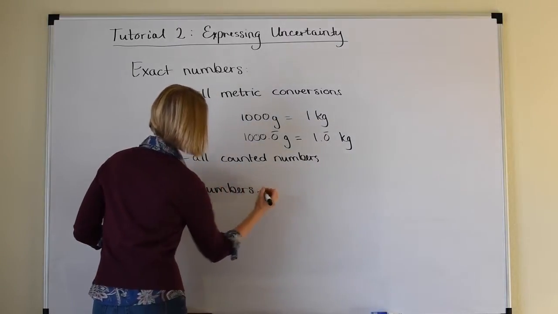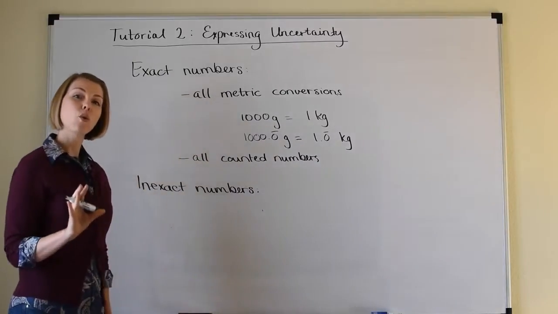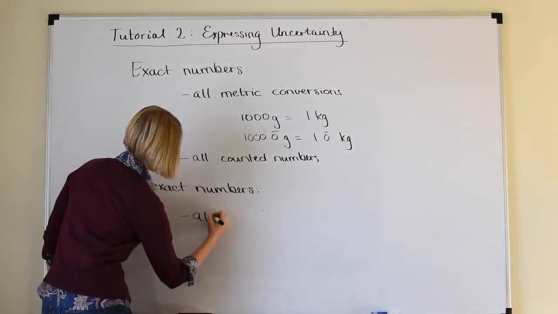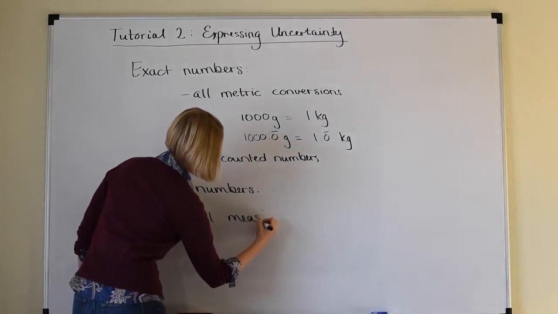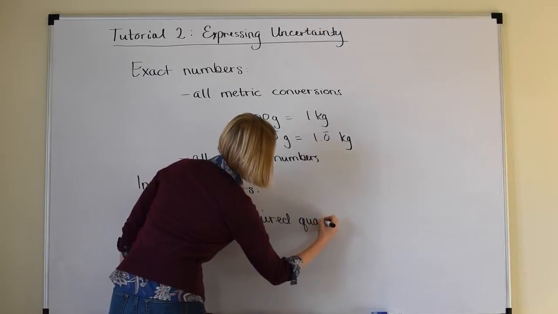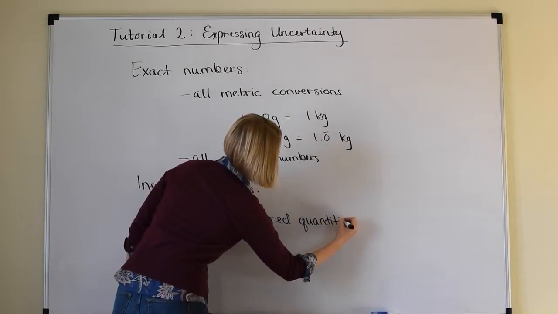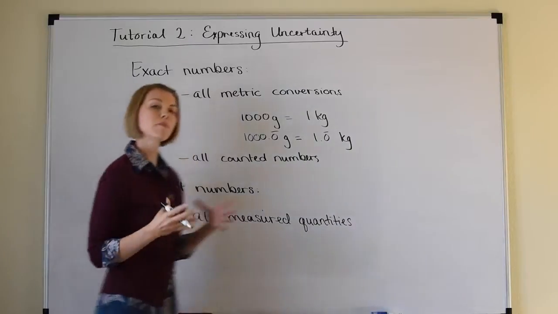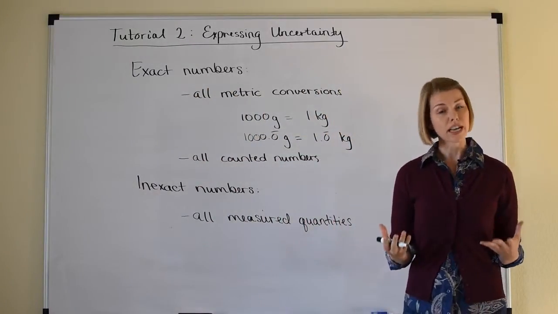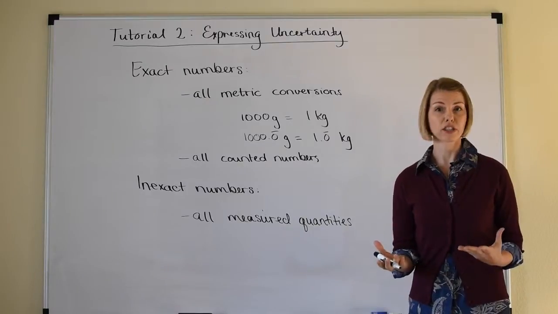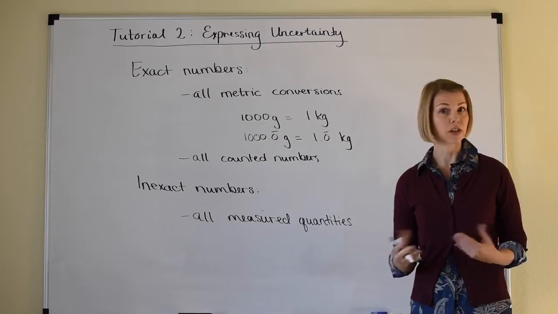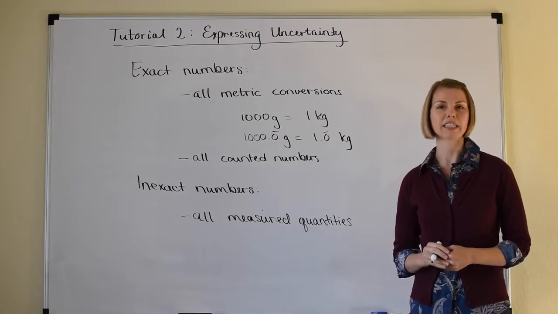Up here, all of your measured quantities are inexact. All of the measurements that you make will contain some degree of estimation depending on the measuring device that you're using. And so therefore, they have some degree of uncertainty and they are inexact numbers.